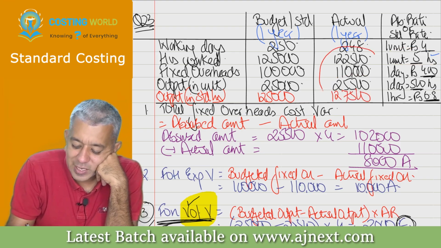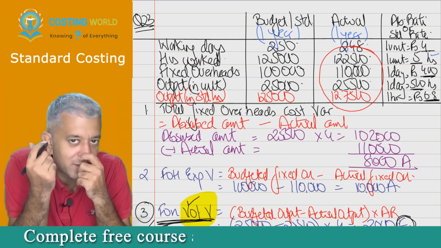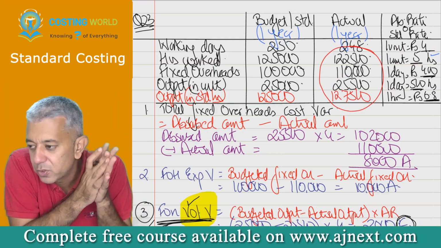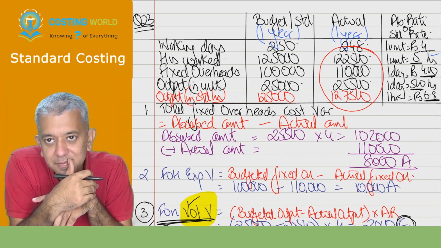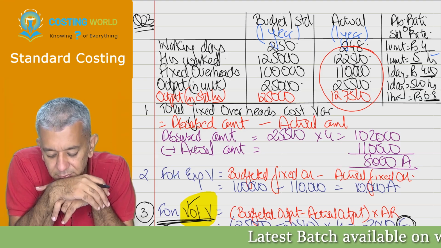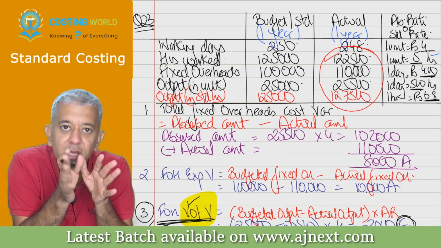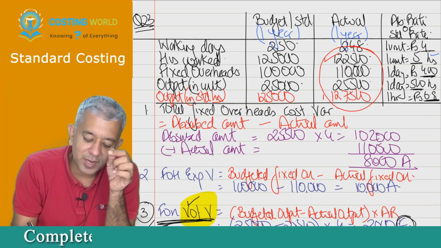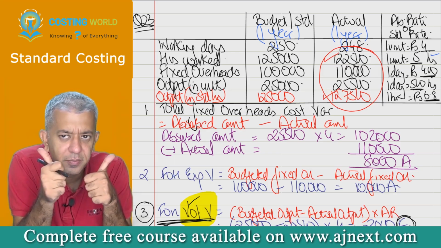Now you are going to see this data and fill up the blanks, whatever I am saying. Same thing I made you all do in labor also. My workers worked for how many hours? 1,27,500. But by working for 1,27,500 hours, they gave an output of how much? 1,27,500 hours. Is that all okay?